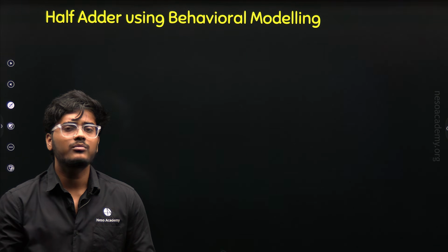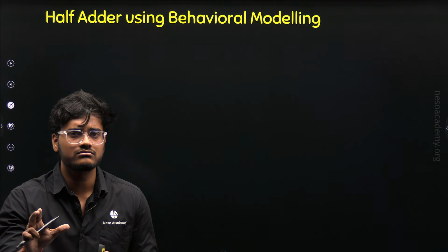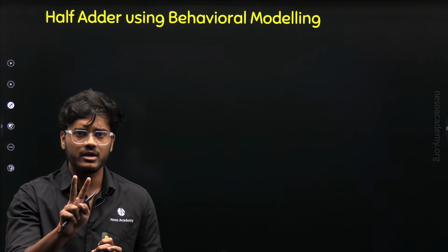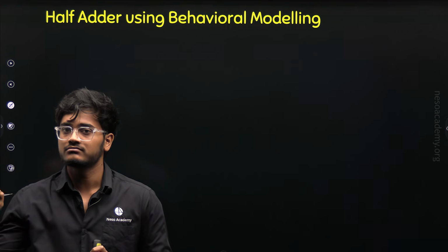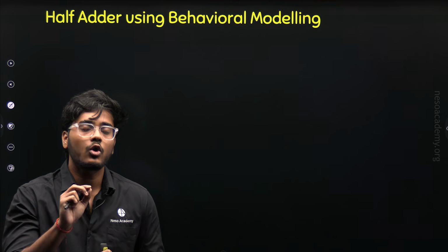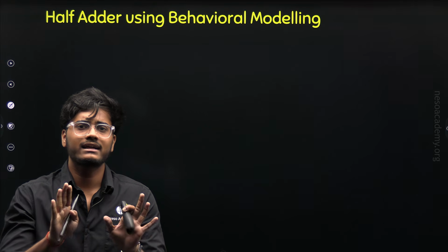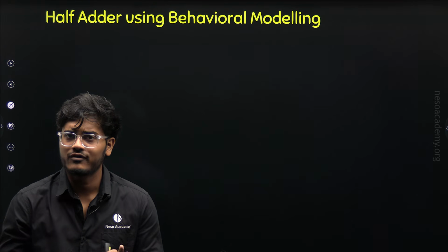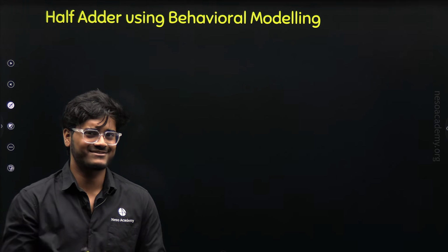Because it performs half of the work required for full binary addition. A complete binary addition adds 2 single bit inputs along with the input carry from the previous stage. But the half adder only adds 2 single bit inputs and not any carry input from the previous stage. So I hope you understand why we are calling this half adder as half adder.